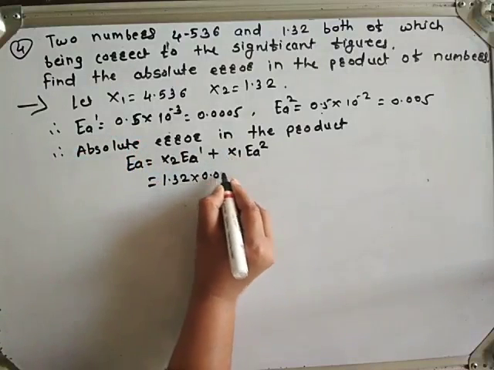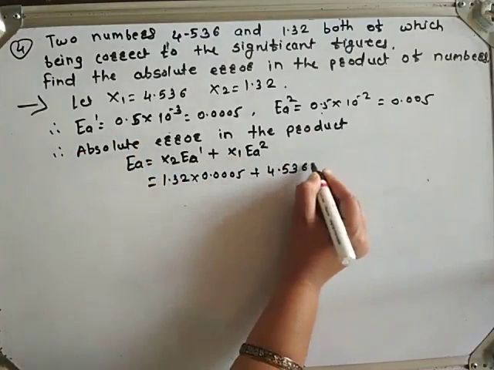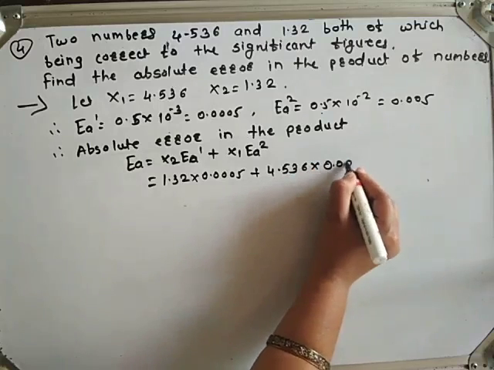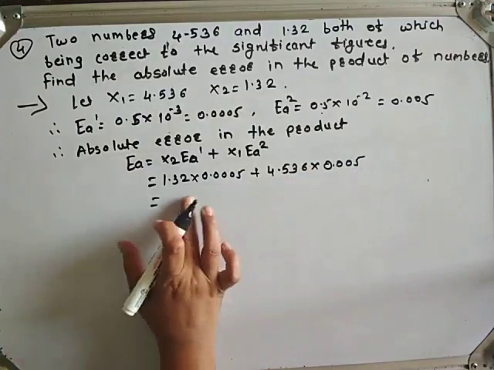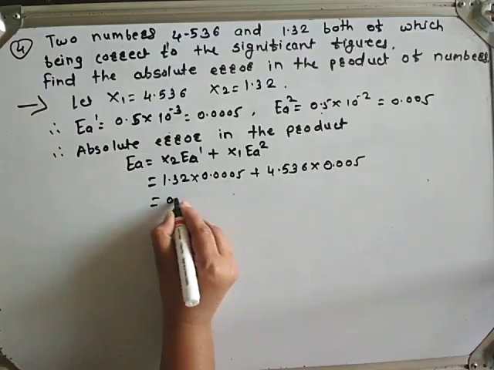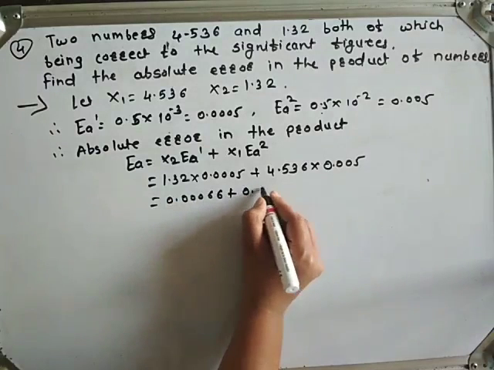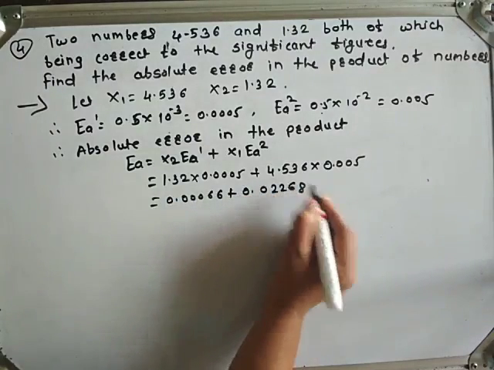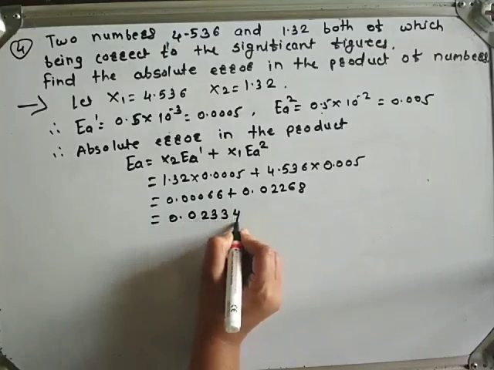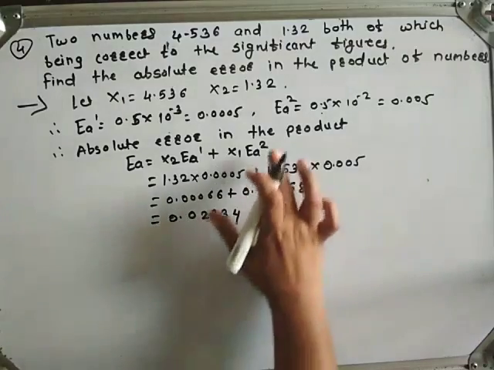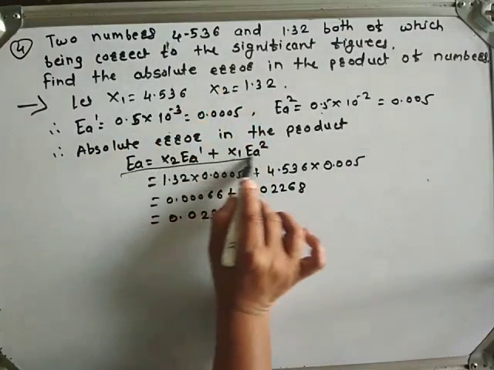It is 0.005 plus what is x1? 4.536 into EA2, which is 0.05, which equals, taking multiplication of these two numbers, we get 0.0066 plus 0.02268, which equals 0.02334. This is the absolute error in the product of x1 and x2. For this purpose, we have to remember this formula.